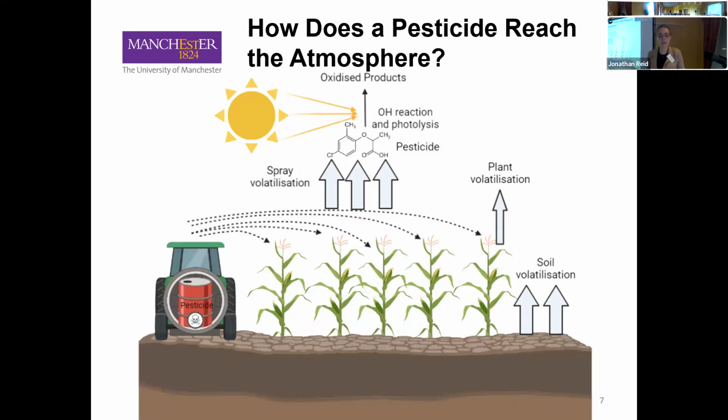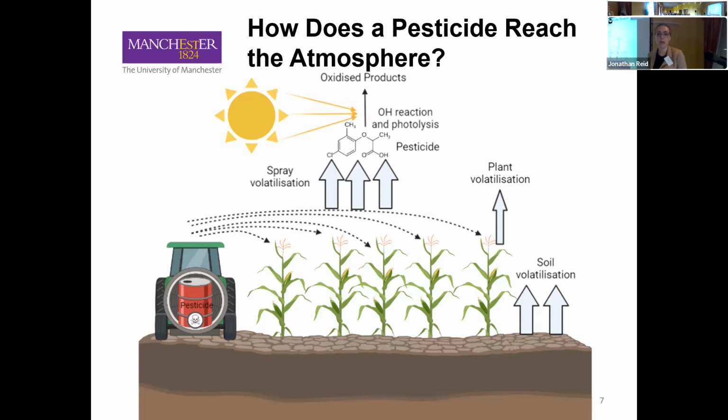So how does a pesticide reach the atmosphere? We have a lovely tractor here spraying some pesticides onto a field, and one of the main routes while spraying is occurring is this spray volatilization. So this is the spray that does not end up on the crop or the soil, and often can be transported short distances.